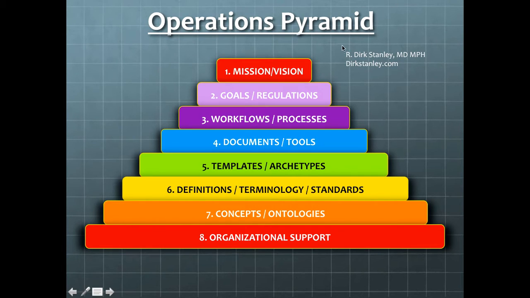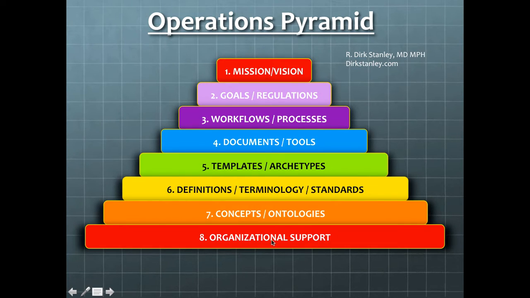Now, this is an operations pyramid that sort of helps frame where workflows fit in the operations of a typical organization. At the top of the operations pyramid is the organizational mission and vision, and at the very bottom is the organizational support. You'll see that the top part aligns the entire organization, and the bottom is the basic foundation of the organization. As we step our way through, you'll see where workflow sits.